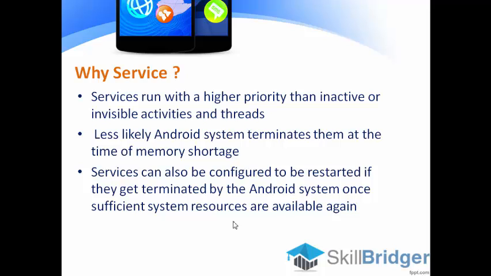If you want to do something in the background that need not be interacted with by the user, for that purpose we use a service. In the same way, a thread is also used for background processes, and such tasks can be handled by threads also. Now what is the difference, or why do we have to go for a service rather than threads?